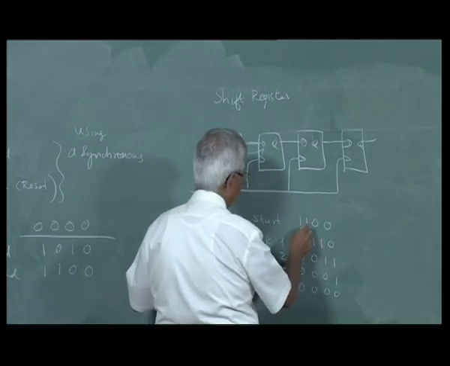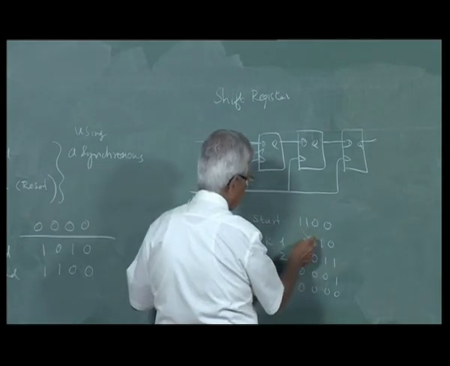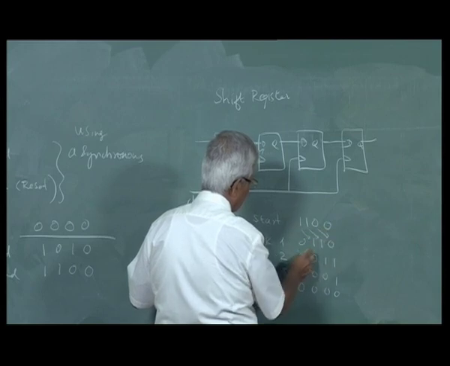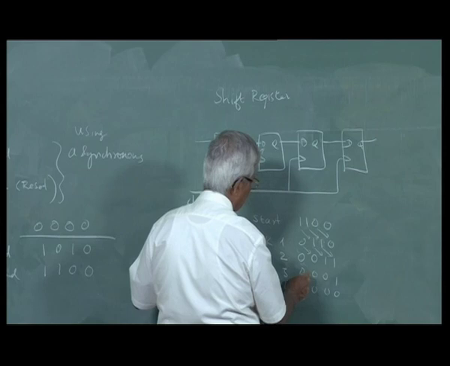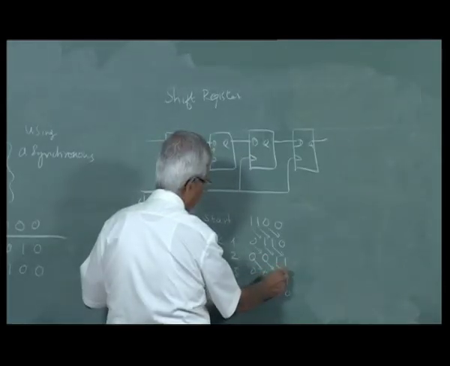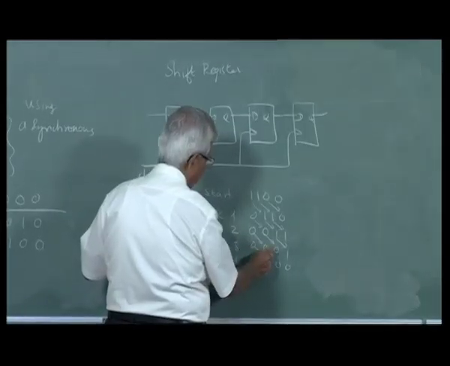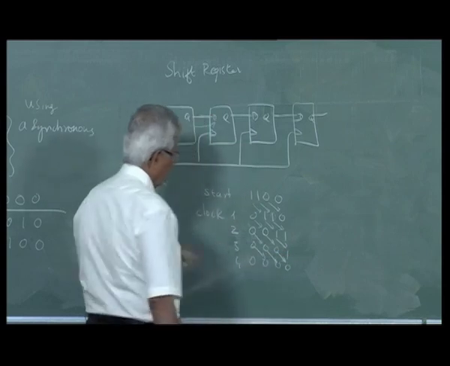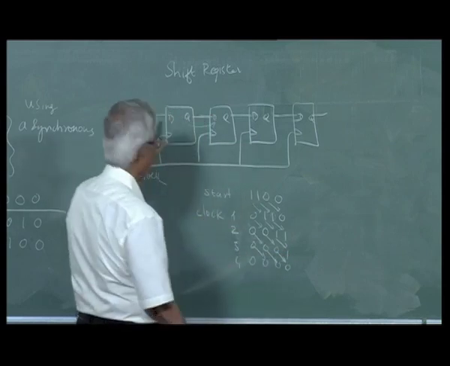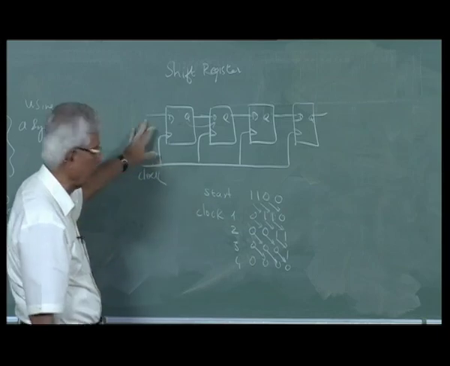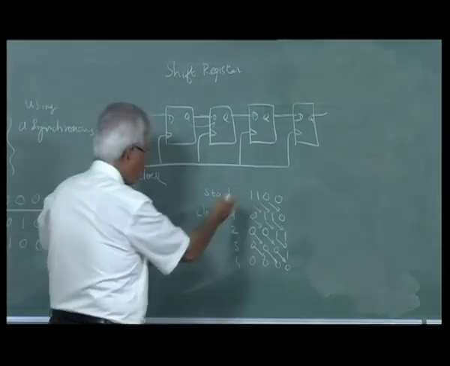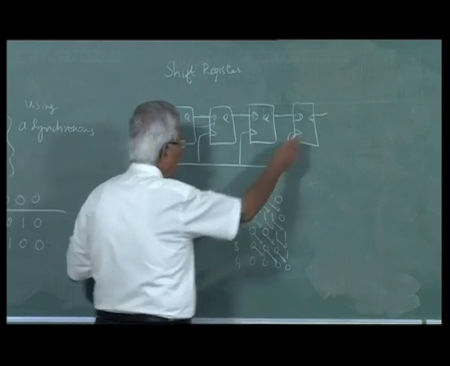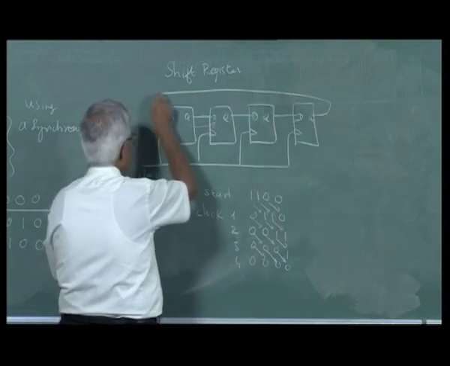So this will go from here to here, and this goes from here to here, this goes from here to here. This is assuming that after giving the first value, I am not giving any more values. If I keep giving new values, then it will also change. Or sometimes this Q is put back here, which is called recirculating.